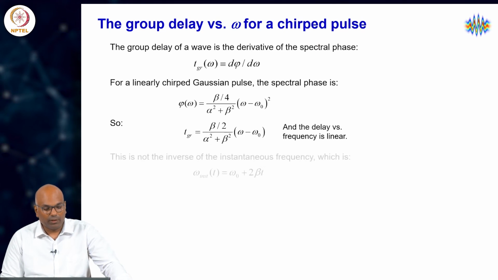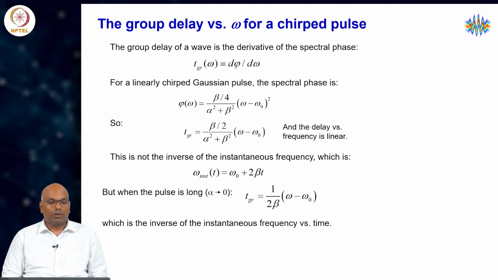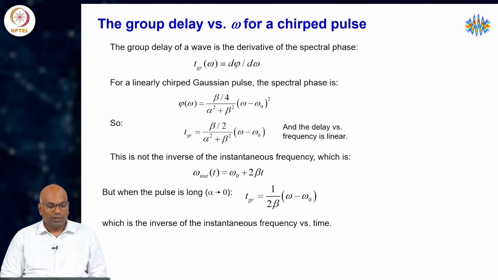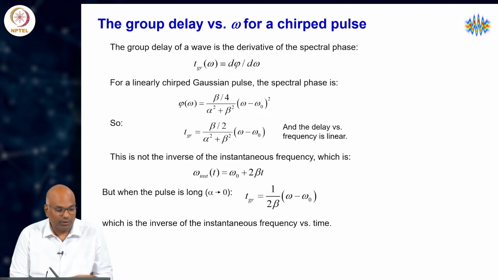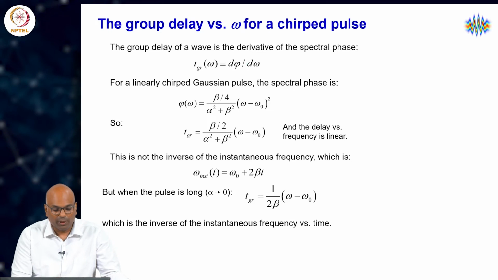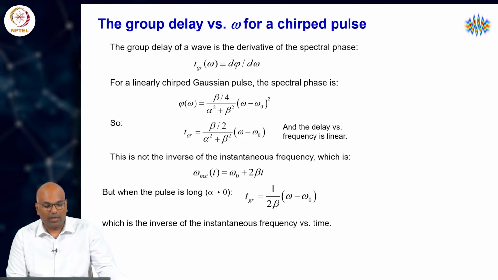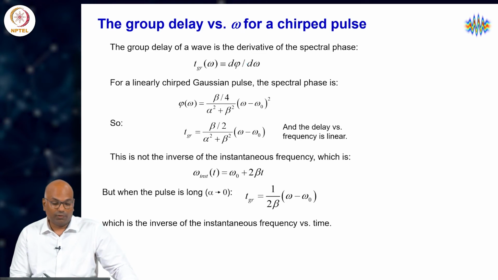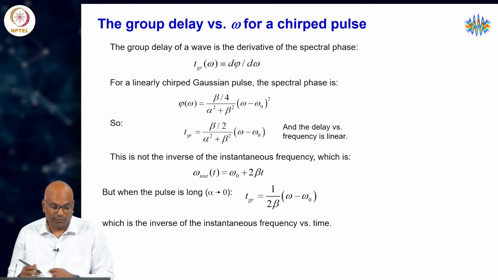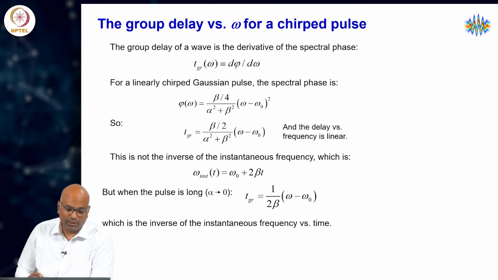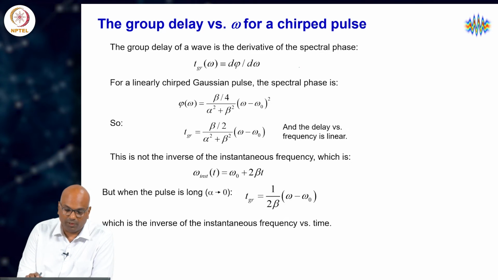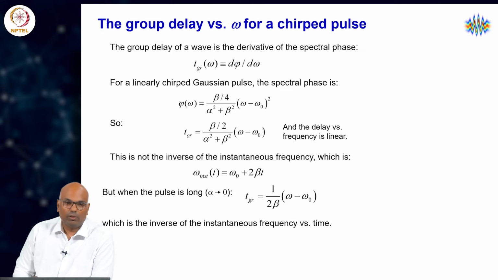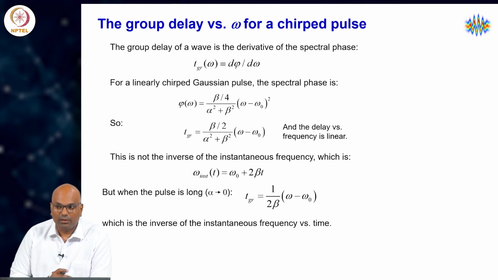So, we computed the group delay for a chirp pulse, which is d phi by d omega. In this case we did not even need phi naught to be a finite value anyway. When we take the derivative, that vanishes. We forced phi 1 to be 0 in this case, because it simply does not matter, it is just a shift in time.